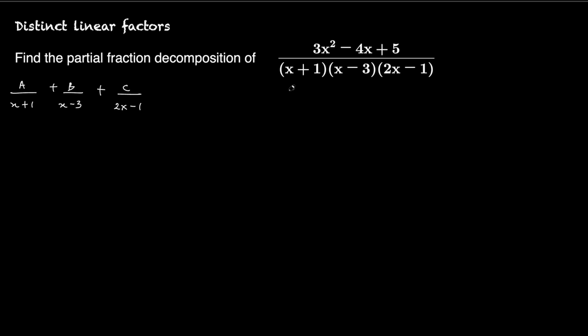So in this case, we have three linear factors: x plus 1, x minus 3, and 2x minus 1. And that's why it has been split as A, B, and C. So by taking the common denominator, this is going to be ignored, and this will be multiplied by A. So we have A times (x minus 3)(2x minus 1), plus B, x minus 3 goes, so we have B times (x plus 1)(2x minus 1).